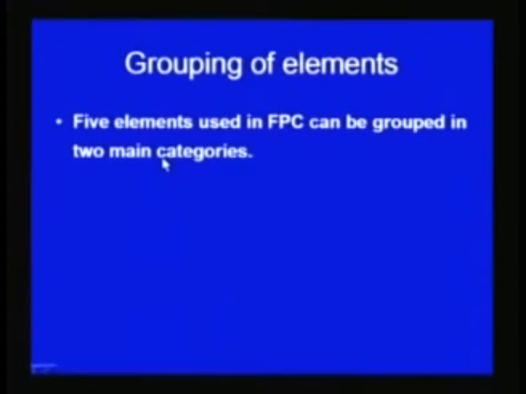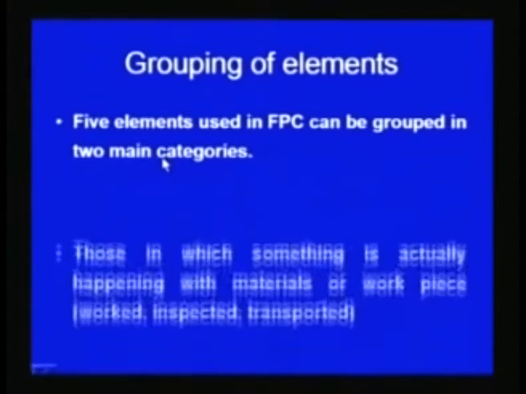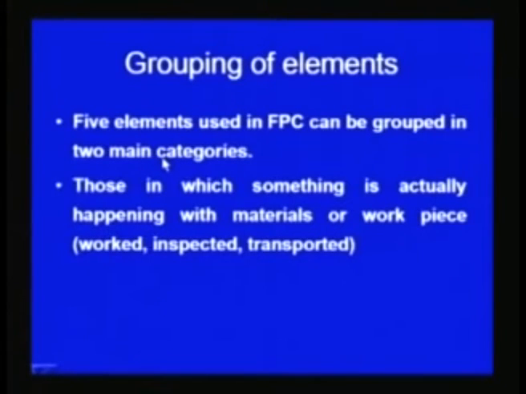These 5 elements of the work, which are part of all types of activities, are divided into 2 broad groups. The first are those elements in which something is carried out with the workpiece which helps its completion as a product.